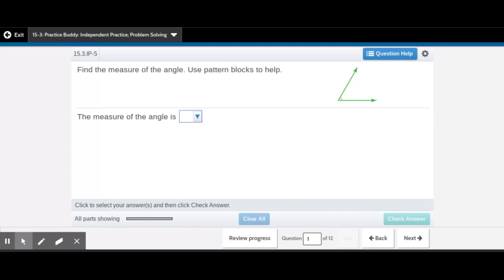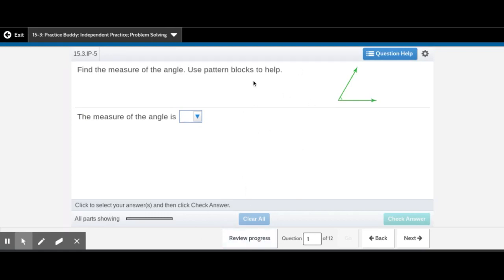So unit angles are basically saying, if I see a right angle, I know that is a 90-degree angle because that's a right angle. If I see a straight angle, I know that's 180 degrees because it's a straight angle. A circle is 360 degrees because it's a circle. Those are the things that we're going to focus on today.